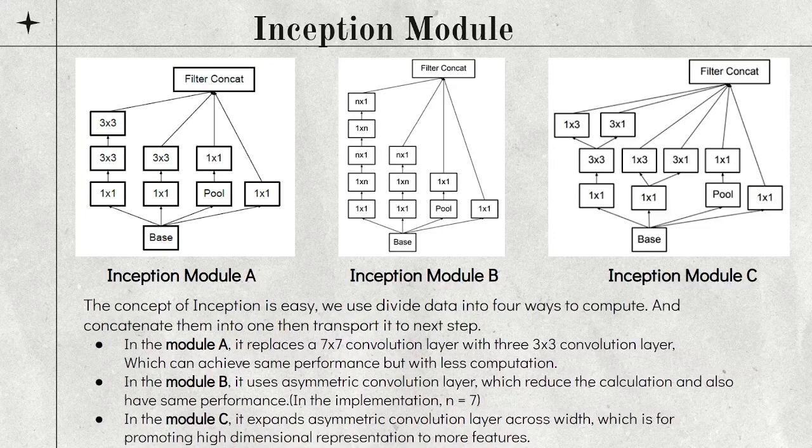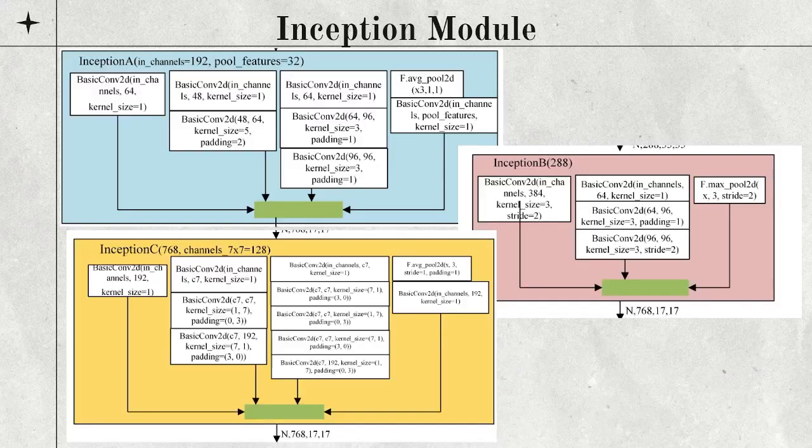And one of the important modifications is that it uses an asymmetric convolution layer, which also can reduce the calculation but achieve the same goal like before. And these are the details of the 3 modules. This is Inception A, Inception B, and Inception C. And this is 3 stages.